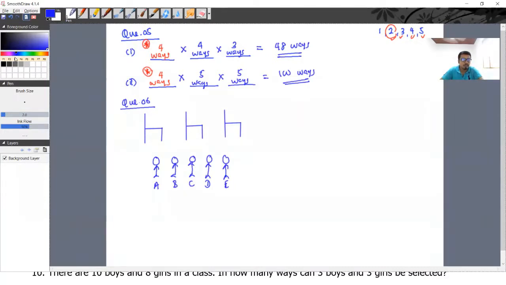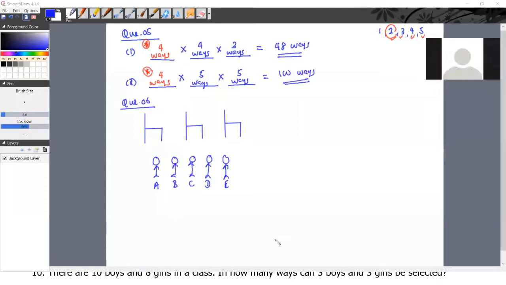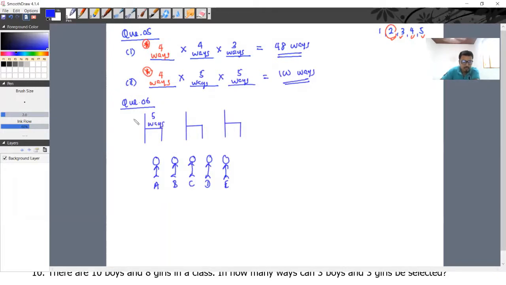So how many possible options are there? Yes, there are 5 possible ways that this chair can be occupied. And how many ways to occupy this chair then?